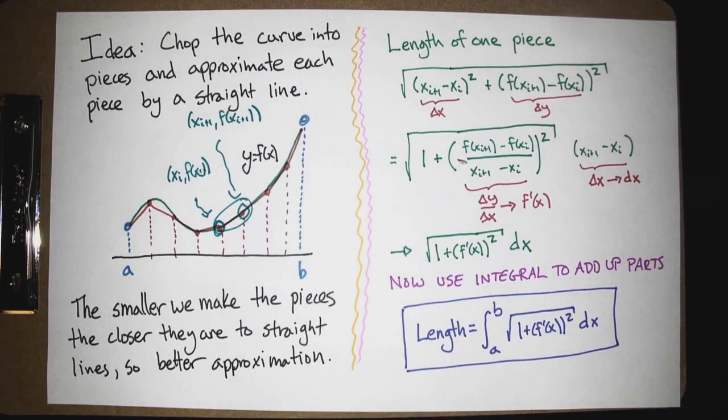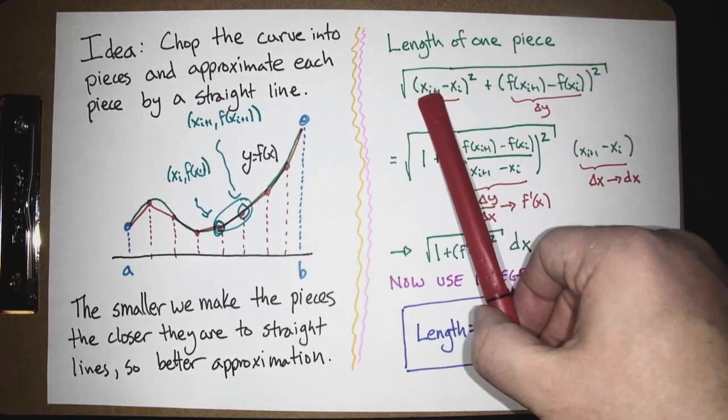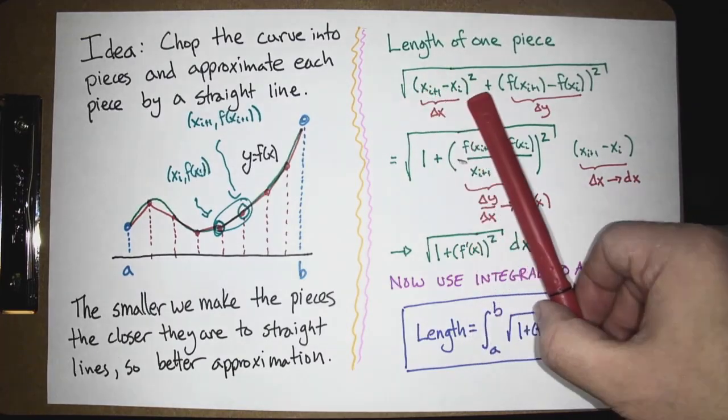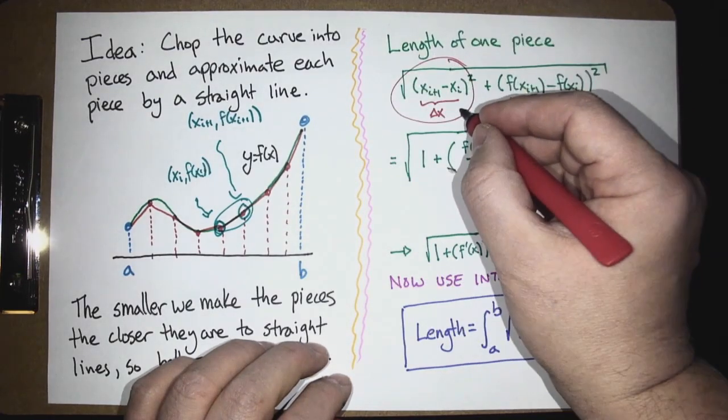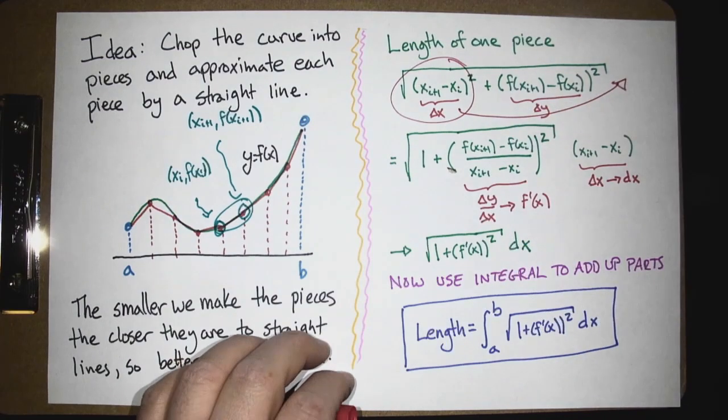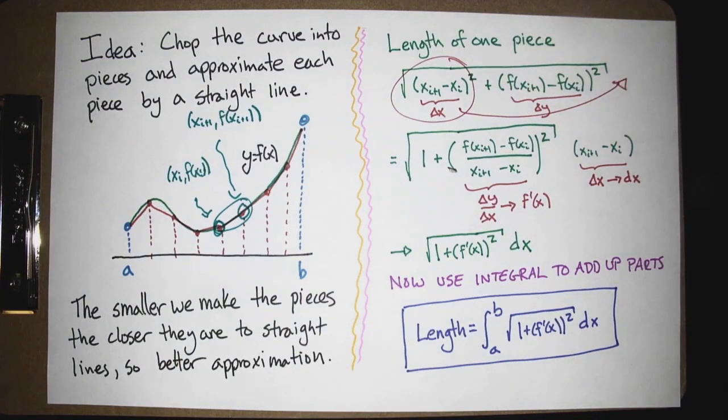Okay, well, what can we do? What we're going to do, and this may not be the most obvious thing, is imagine we want to pull this term out of the square root. So we're taking this xi plus 1 minus xi squared all the way out of the square root. When you take the square root of something squared, it's just the thing.